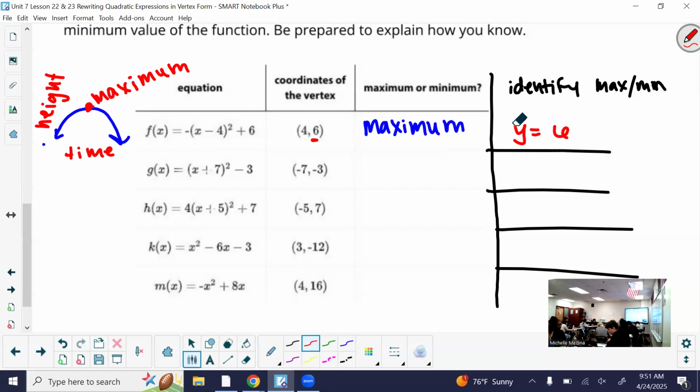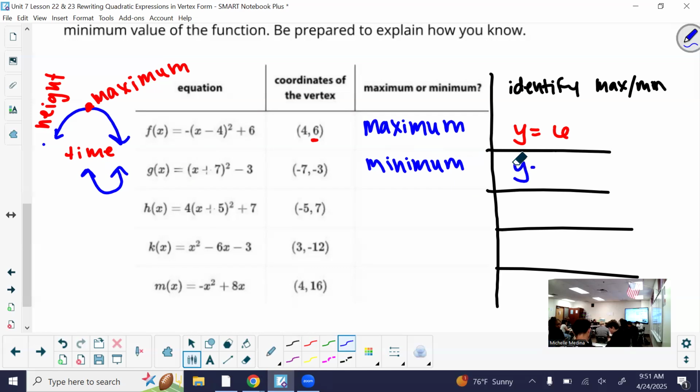Okay, so then the table, or actually Evan, is the next one a minimum or a maximum? Minimum. It is a minimum. Without graphing, and of course on your test, if you have the time to check, please do, but without graphing, I know it opens upward because the A is positive. So that would be my lowest point, that's my minimum.